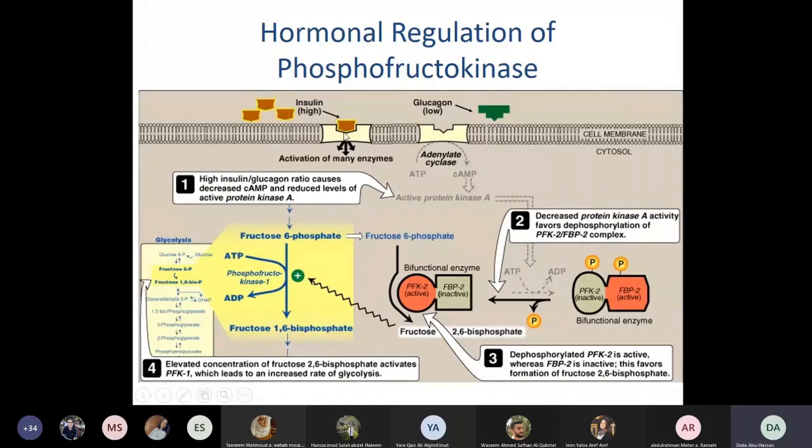These are the insulin receptors. Whereas glucagon binds to glucagon receptors, which are G protein coupled receptors. In this condition, well-fed state, there would be a high concentration of insulin that binds to its receptor, and there would be low or no glucagon that can bind to the G protein coupled receptor.